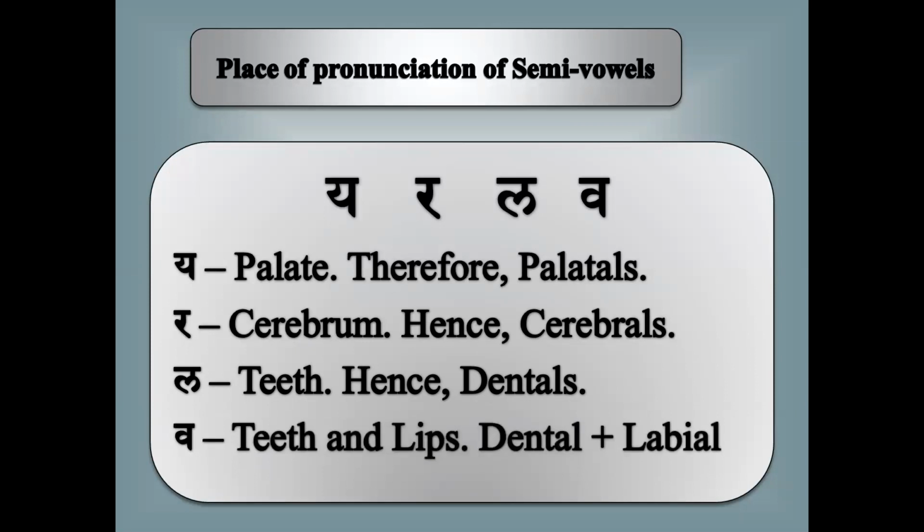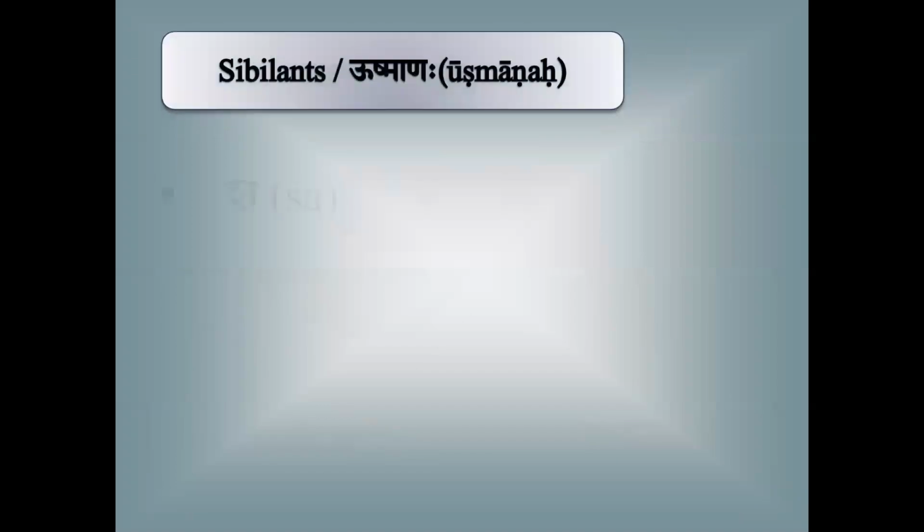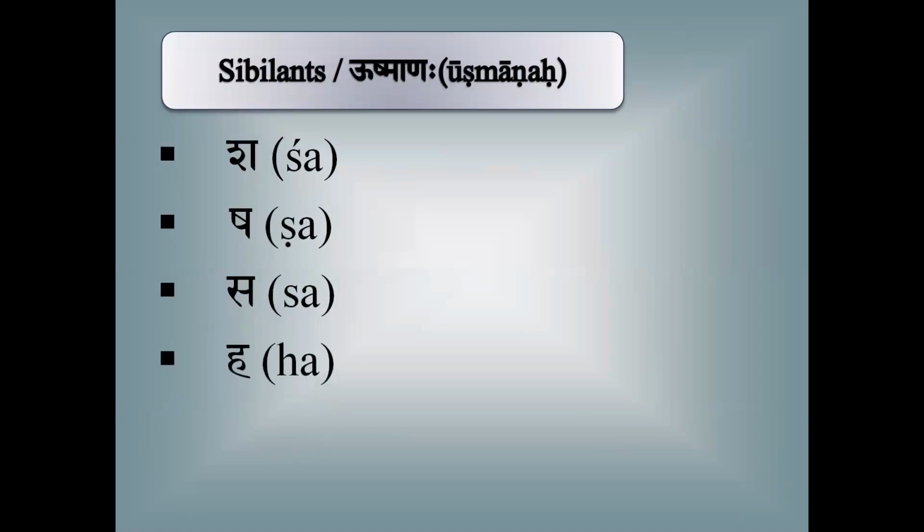Va is with the help of teeth and lips, both dental and labial. So these are the semi-vowels and their place of pronunciation. Then comes sibilants, Ushmanaha, which was the last topic we saw. Sha, sha, sa, ha.